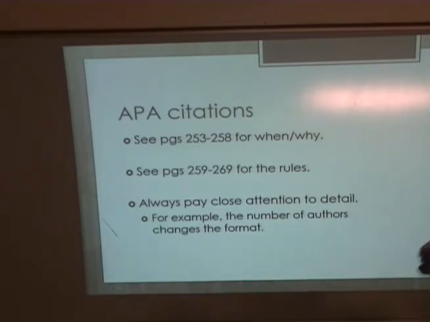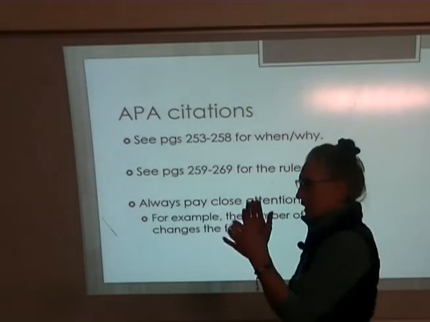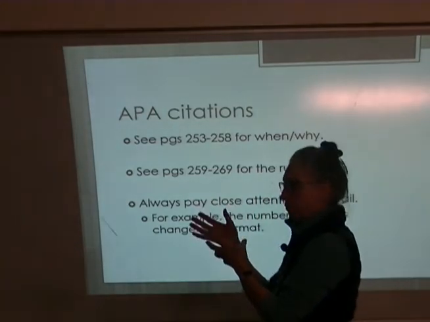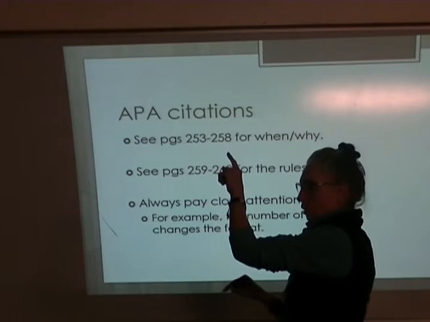Okay, so back to our friend the APA manual. All right, last week we looked at APA references, which is what you will use for this class, okay? But I'm going to run through a little bit of information about APA citations, because when you're writing papers in your other classes and you are using someone's ideas, you have to give them credit for that, and then you have to match it to the reference list.